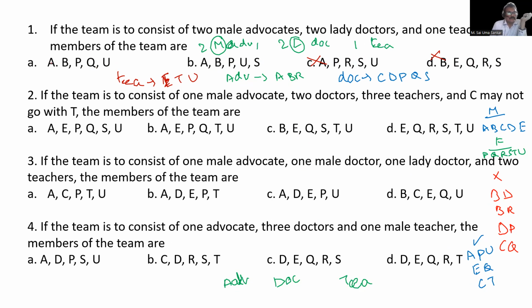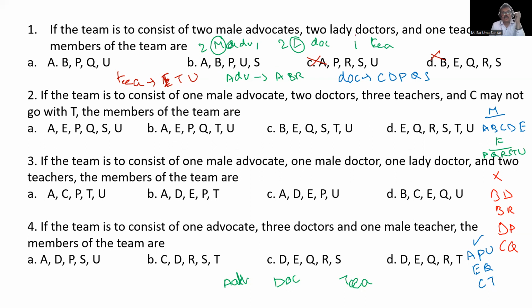AB, APU, right. DP is not valid. Next, CQ is not valid. Next, APU, okay. EQ, suppose Q is there, E must be there. Next, CT, if C is there, T must be there. Here, what we require is two male advocates, that is valid, AB.